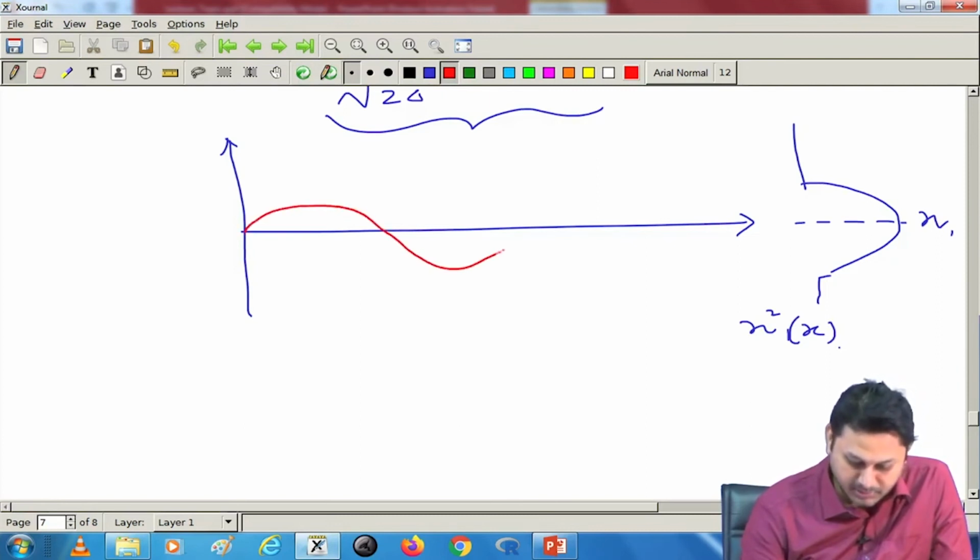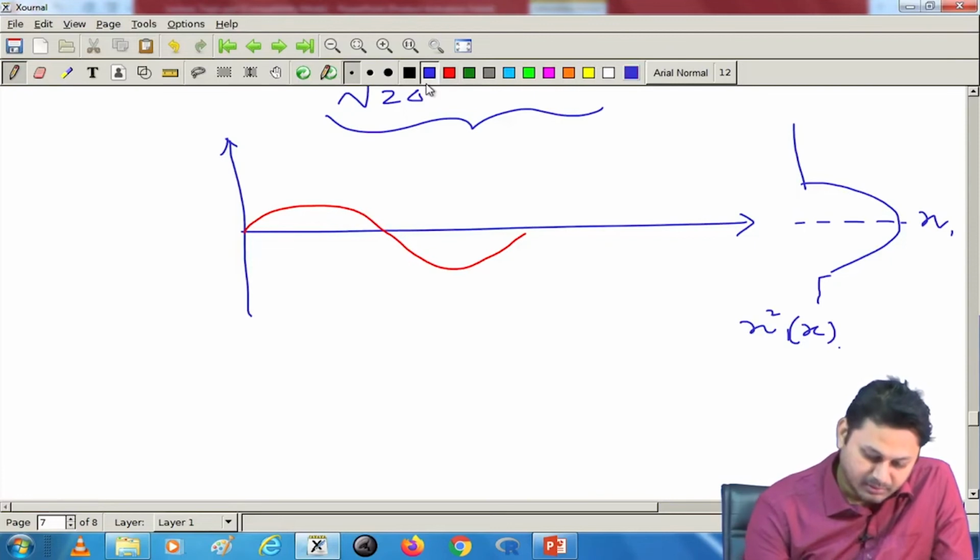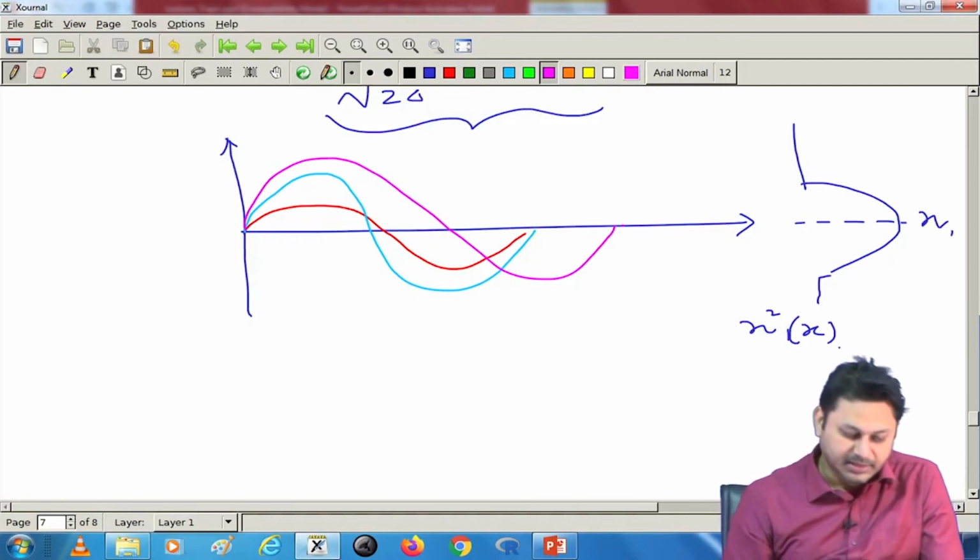This is one path the ray follows, another path, let me draw it another line, and another path it can follow, something like this.